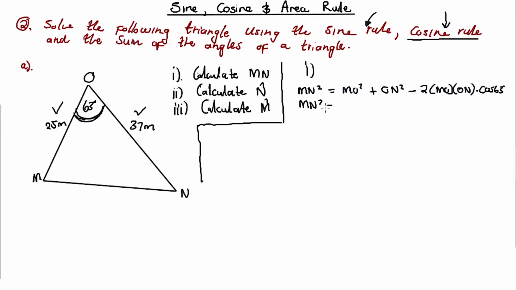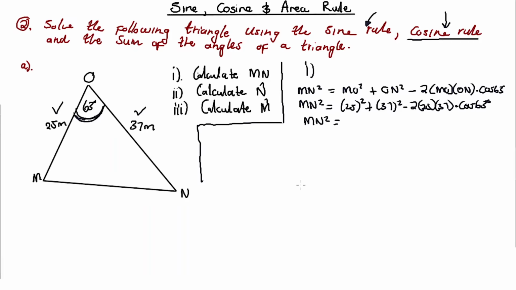So MN squared is equal to, I'm just going to substitute: MO is 25, ON is 37. Minus 2 multiplied by 25 multiplied by 37 multiplied by cos 63 degrees.